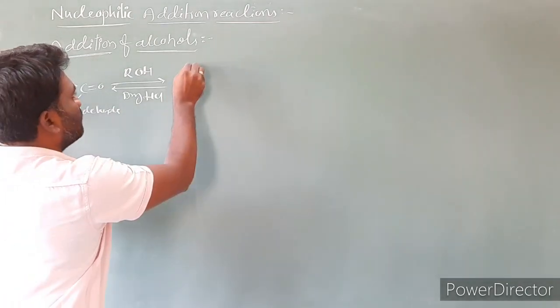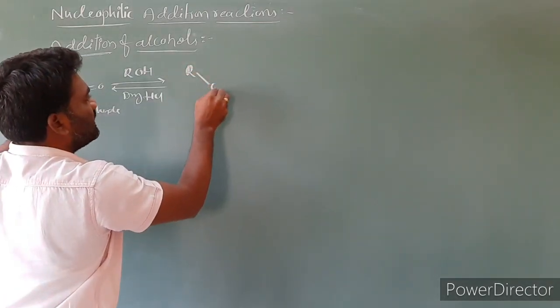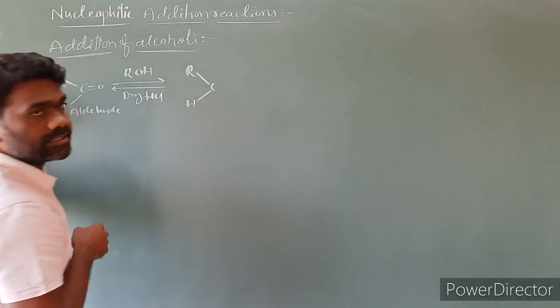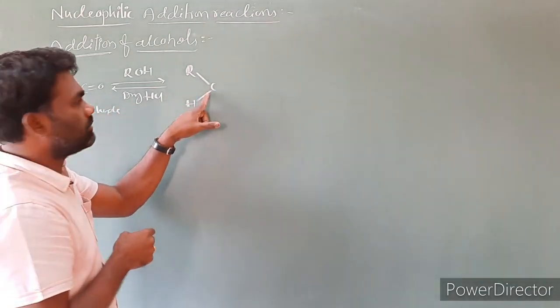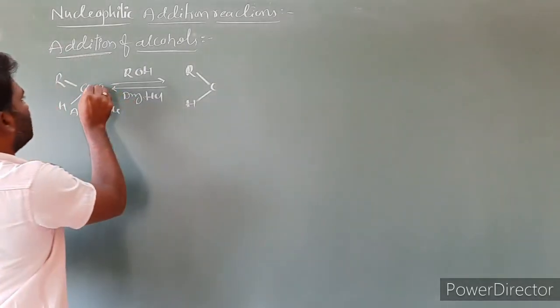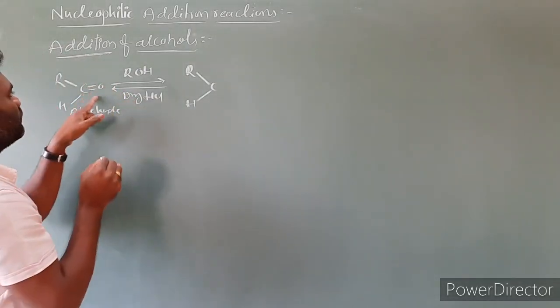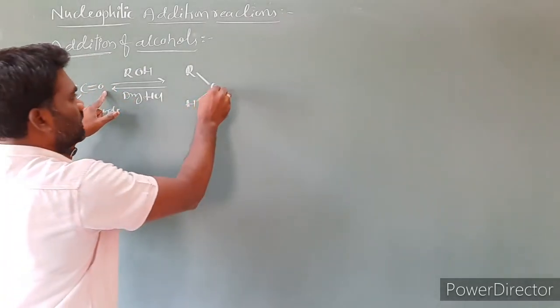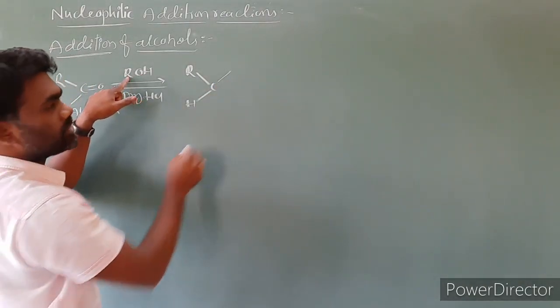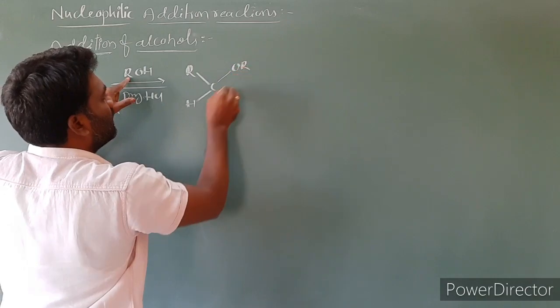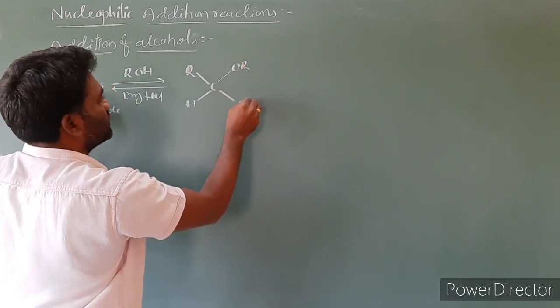Then this alkyl group R and this hydrogen remain the same on this carbon, and the double bond shifts towards oxygen, giving oxygen with a negative charge. The alcohol group RO attaches to this carbon as OR, and this O becomes OH.